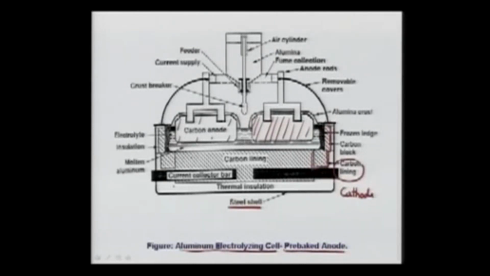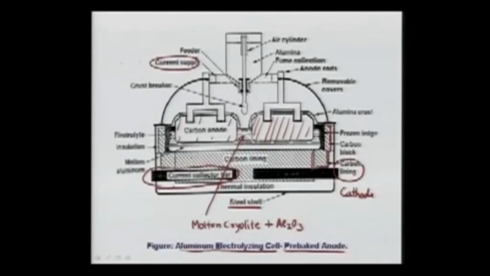And here you see, let's make an arrow, you have molten cryolite plus dissolved Al2O3. And then the current supply for the anode is here, and the current supply for the cathode is here.